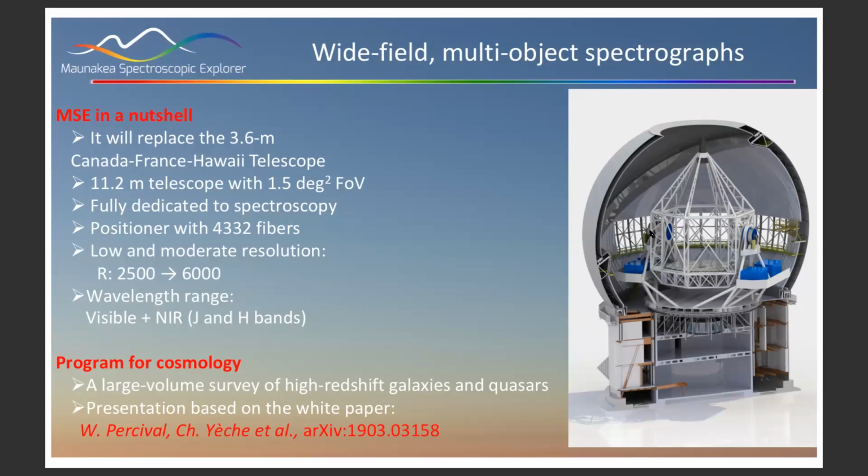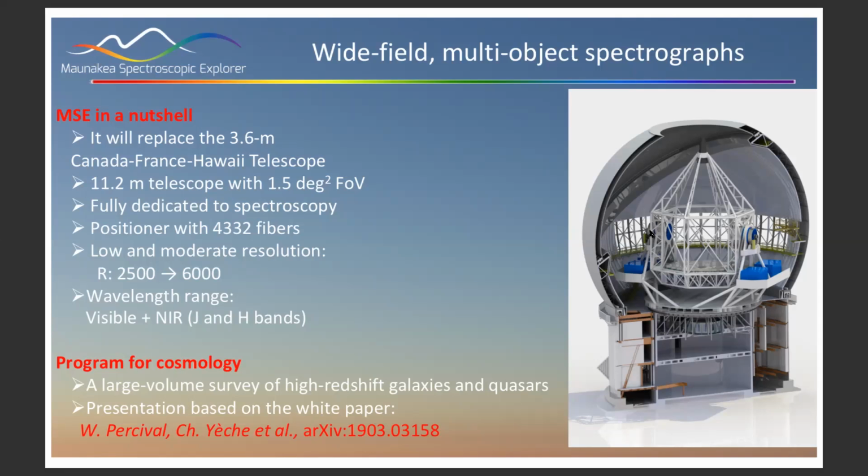And for the cosmology, we will use only a part of the fibers, something of the order of 3,000 fibers. And we will use a spectrograph with low and moderate resolution, meaning a resolution between 2,500 and 6,000. And concerning the wavelength range, we want to cover both the visible and the near-infrared range. This means with g, r, z, J, and H bands.